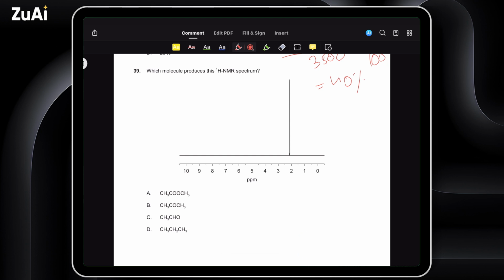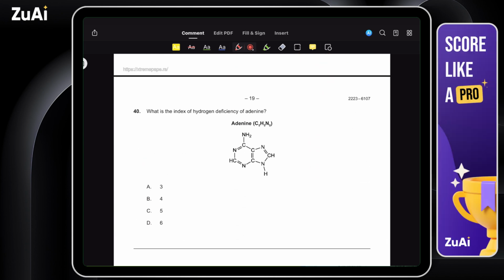It has only one peak. So why is B the answer? Because it has one proton environment. That's why. And you can see the values in the range from the data booklet at the back of the paper.